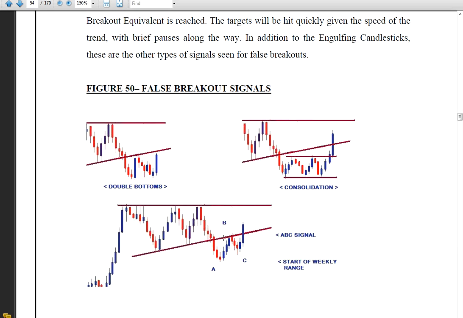And of course the ABC reversal signal, which is a very common and very strong signal that tells us that the market is going to be heading back inside of the consolidation. So this was the idea behind this trade, to take advantage of what was expected to be a reversal back inside of the consolidation.